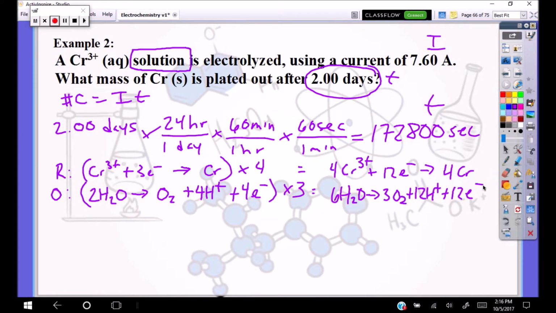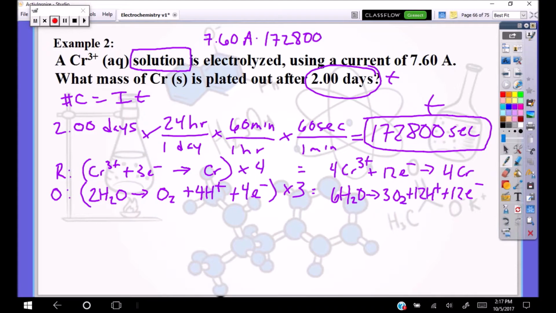That's where we're going to run into some issues with our dimensional analysis, because we have to make sure we account for all of those electrons, right? So we've got to use our conversion factors there. We know that our time in seconds times our current, 7.60 amps times 172,800 seconds.